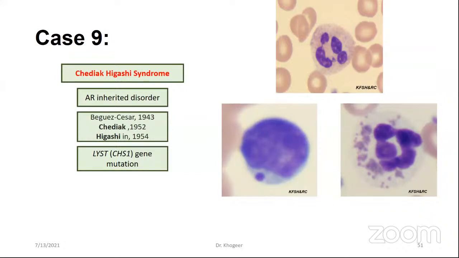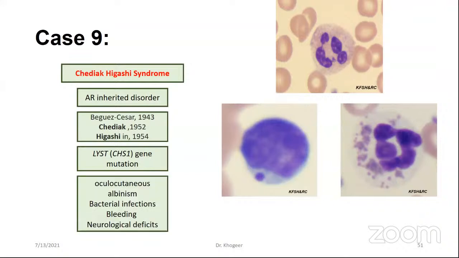Chediak-Higashi is characterized clinically by partial oculocutaneous albinism, which is reduced pigment in the skin and eye due to a defect in the melanin granules, and also by recurrent pyogenic bacterial infection due to abnormalities in the granulocytes. Also bleeding. Neurological abnormality or neurological deficit are also common.